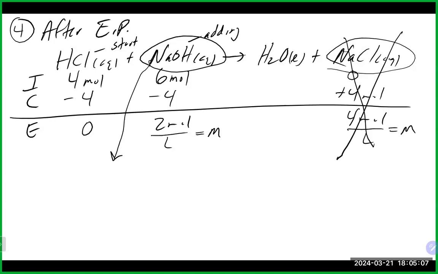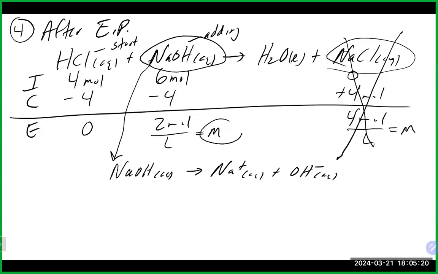And because it's a strong base, it also, like our strong acid, will completely break apart into sodium ions and hydroxide ions. And now that I know the molarity of it, the thing that's important here is the hydroxide concentration, which would be probably the same molarity in most cases. And because I now have the concentration of OH minus, do I calculate the pH directly at this point?